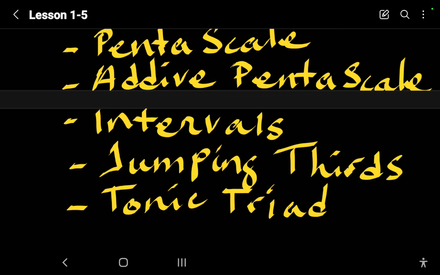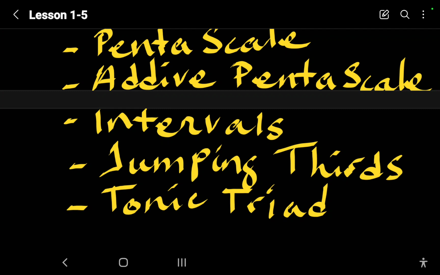And that would be done something like this if I were to just play them. The descending would sound like this. So that is that.